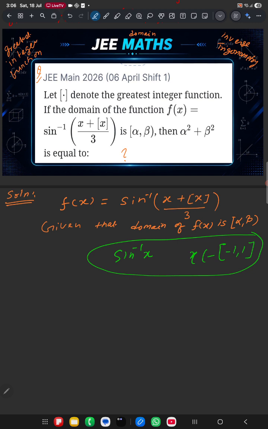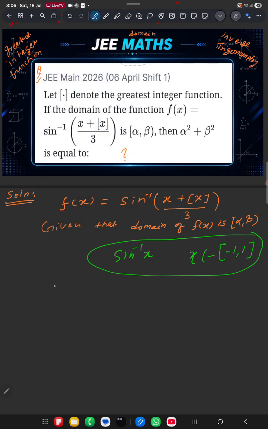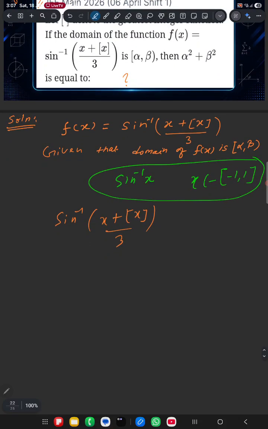You already know this information. Using this, we will compare the given function, which is sin inverse of x plus greatest integer function of x upon 3. In this case also, the whole argument will lie between -1 and 1.